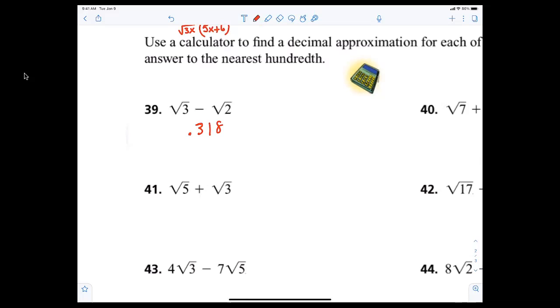Close enough is good enough for me. So if you're in the vicinity of 0.31 and you're arguing over whether it's a 7 or 8, argue with someone else. Now, if you said the answer was 1.2, then you're wrong. If you're close to 0.318, then you're right. All I'm doing is checking whether or not you know how to use a calculator.